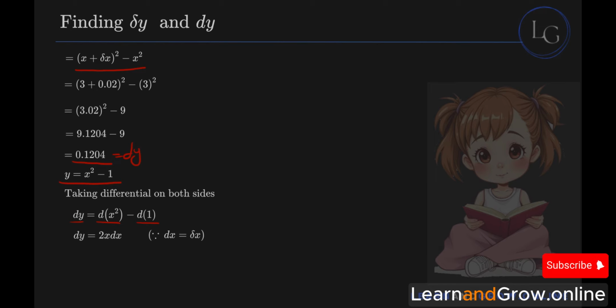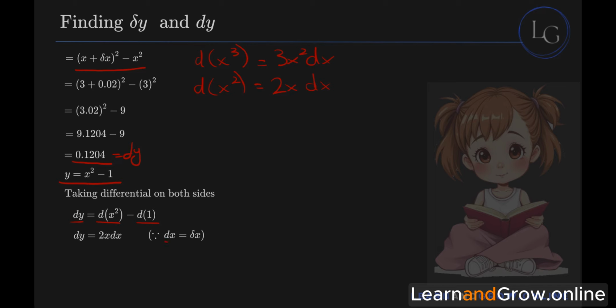For example, the differential of x cubed would be equal to 3x squared dx. So for the differential of x squared, you'll apply the power rule and hence you'll get 2x dx. And the differential of a constant is 0, so that is why we do not consider it. So dy is equal to 2x dx.